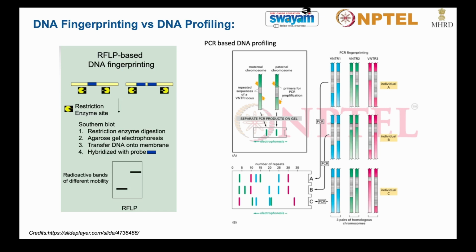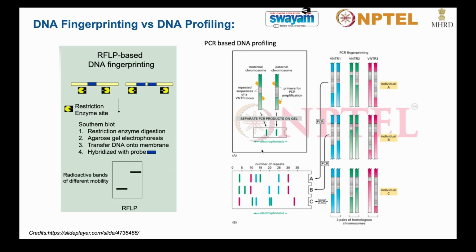The difference we observe in PCR based DNA profiling is that you look for VNTRs, and within them, the microsatellites. These are 3 different individuals, and after electrophoresis these are the bands you obtain. This specifies the number of repeats, and on the basis of the number of repeats you can differentiate between these 3 individuals.